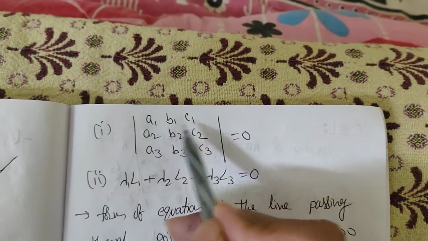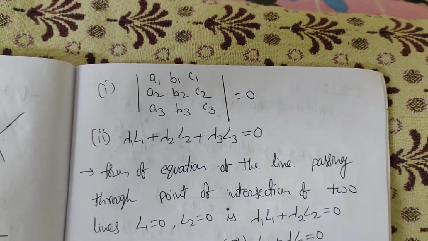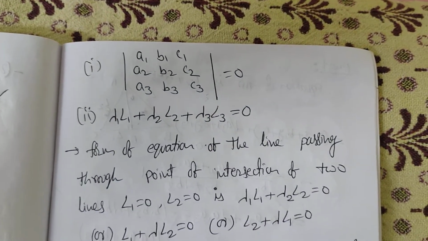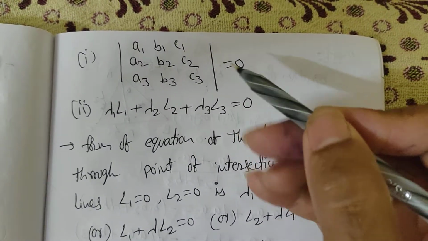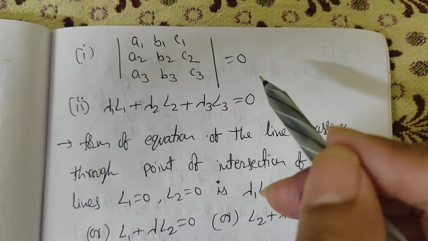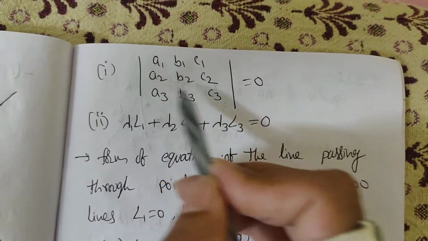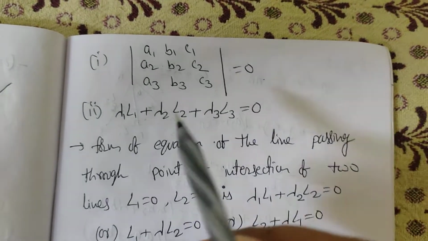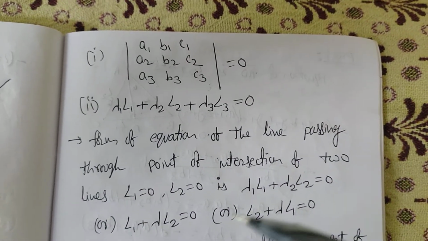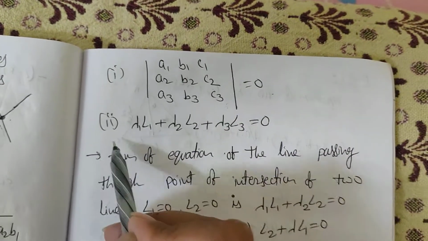So a1 b1 c1, a2 b2 c2, a3 b3 c3 is equal to 0. I already explained the regular method, that is finding the point of intersection of any two lines and substituting in the third line. If it satisfies, those are concurrent lines. The shortcut method is this determinant equal to 0. Sometimes you are not able to apply this determinant form, and then you have to take the other method.